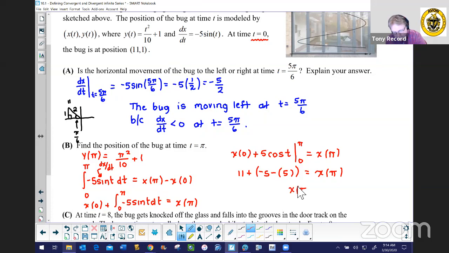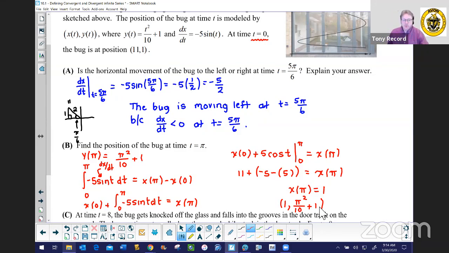And that is our value for x of pi. Okay, now we certainly have the two components of the position on our page, but it would be nice if we could tie those together a little bit and put them in this nice ordered pair. So our final answer would be the ordered pair 1 comma pi squared over 10 plus 1.